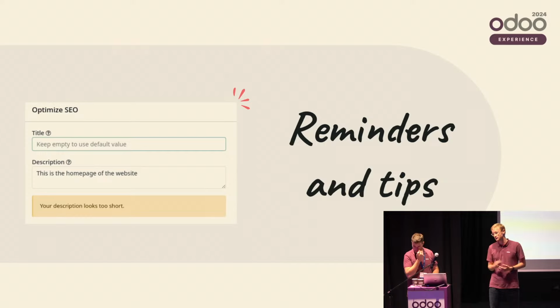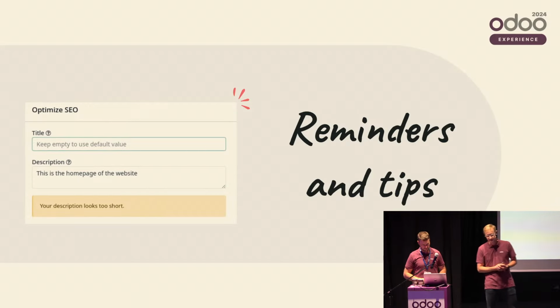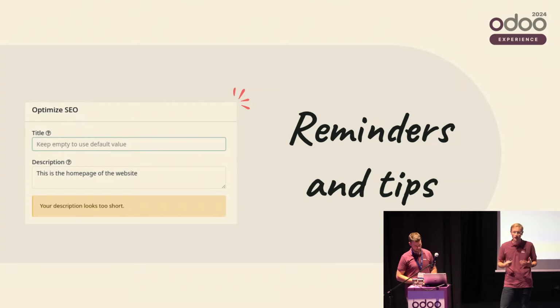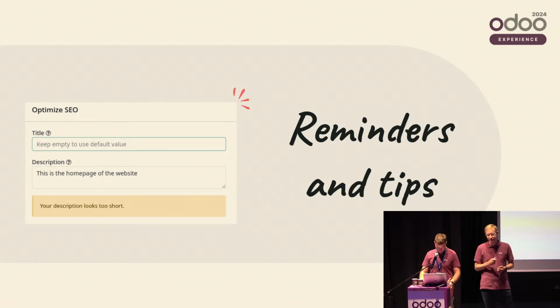When you save a page, we will automatically remind you to add the metadata for this page, such as the title and the description. But we will also guide you on how to write a good title and a good description. So we'll let you know if the description of your page is too long or too short.